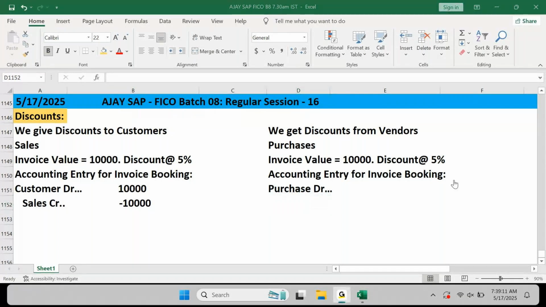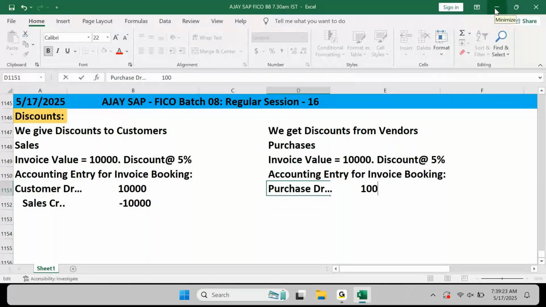You need to write what you purchased, either expense, asset, or material. Here purchase account debit 10,000. Credit will be vendor, vendor credit 10,000.